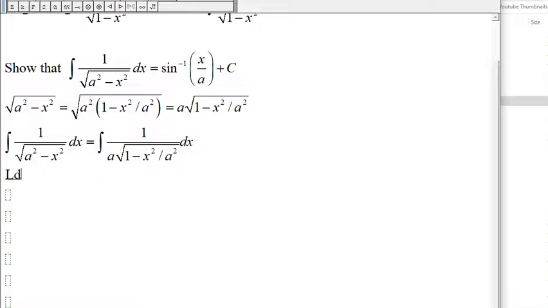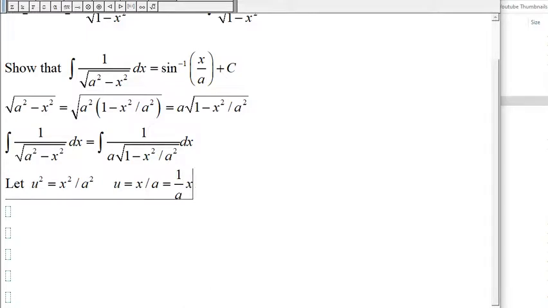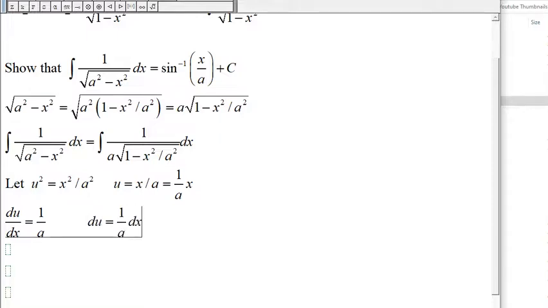Let u squared be x over a, squared. Then take the square root of both sides, so we get u to be x over a, which is the same as 1 over a times x. And so we have du/dx will be 1 over a. This means that du is equal to 1 over a times dx.